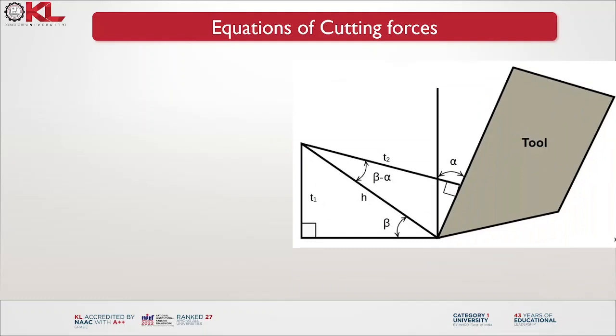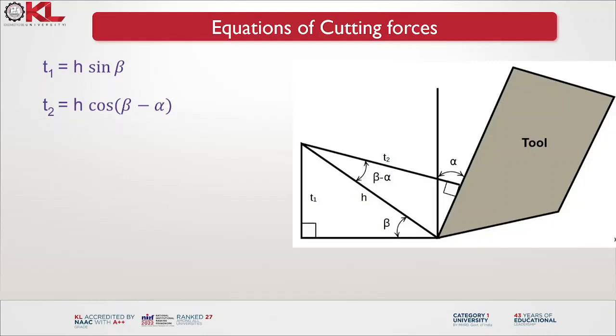Now let us redraw the portion of the tool and show the uncut chip thickness and cut chip thickness, T1 and T2. From the trigonometry, it is easy to write the uncut chip thickness T1 in terms of the shear angle: T1 is equal to H sin beta, and T2 is equal to H into cos of beta minus alpha.